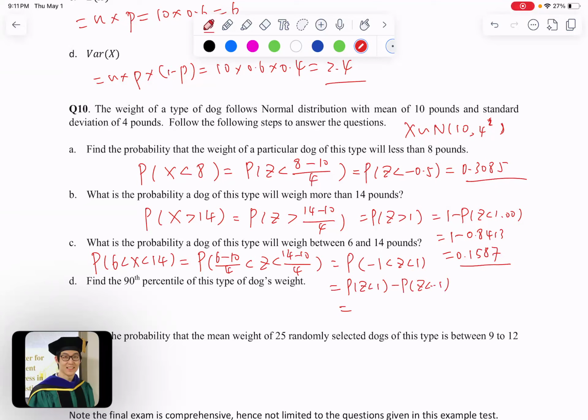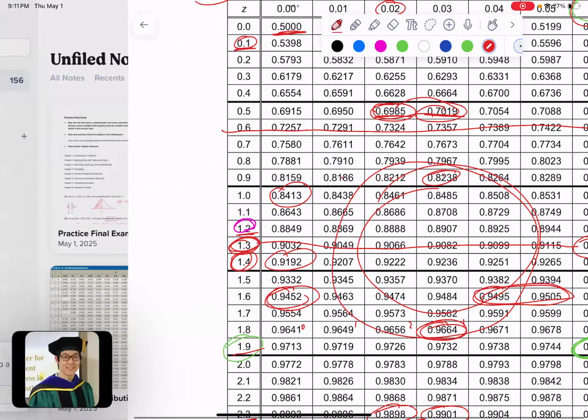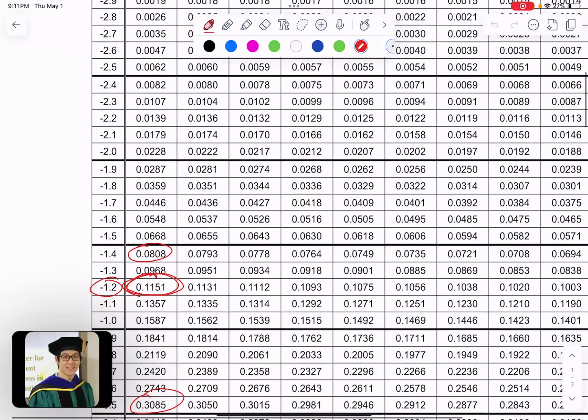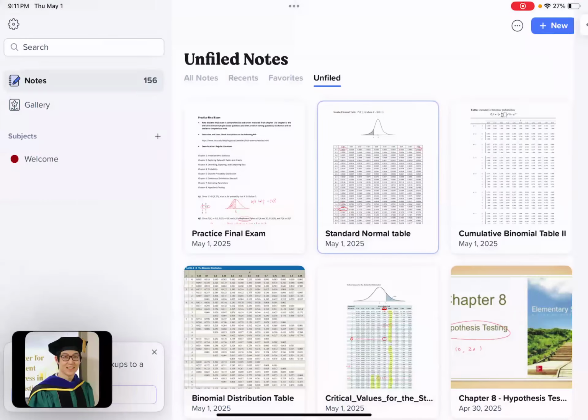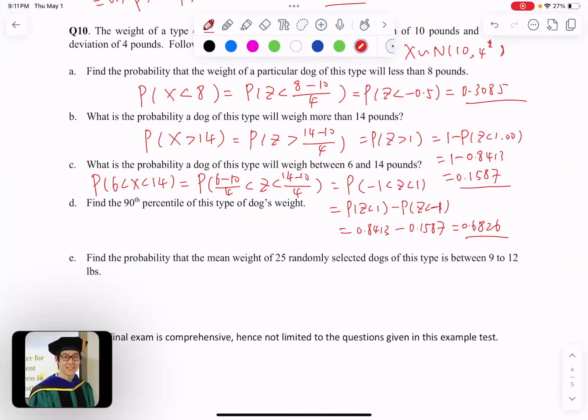Smaller than 1, we check it, 0.8413. Smaller than negative 1, so we need to check negative 1. So negative 1 gives us 0.1587. So we look at the difference. 0.6826.